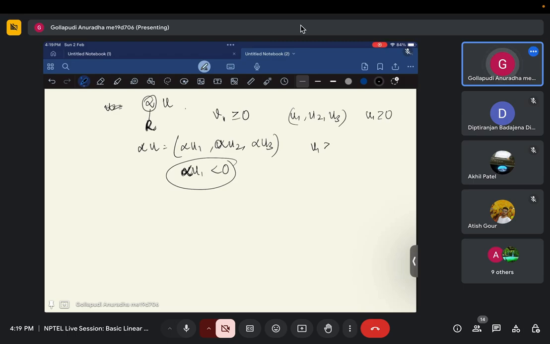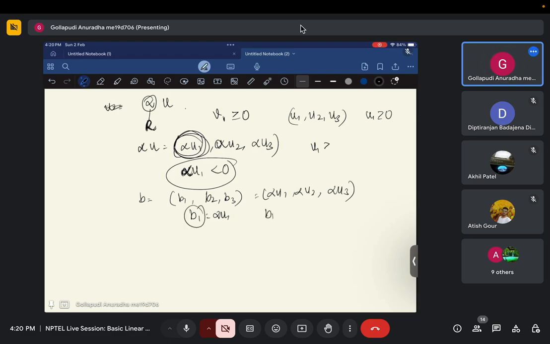So if this first element is b, if I'm taking b1, b2, b3, it is equal to alpha u1, alpha u2, alpha u3. So b1 is alpha u1. This has to be more than or equal to 0, but there can be any alpha which can make it less than 0 also.